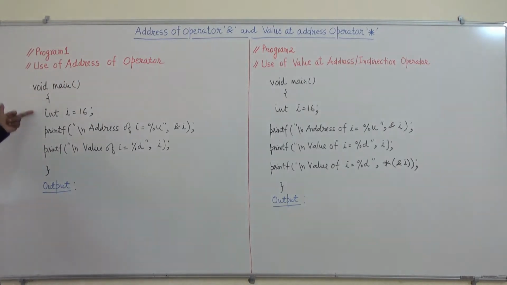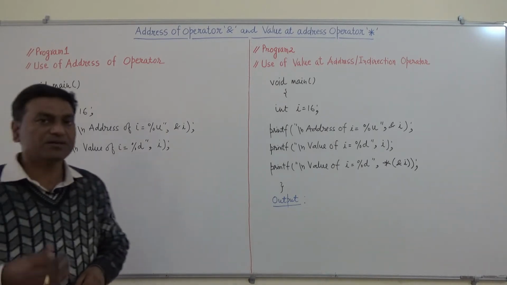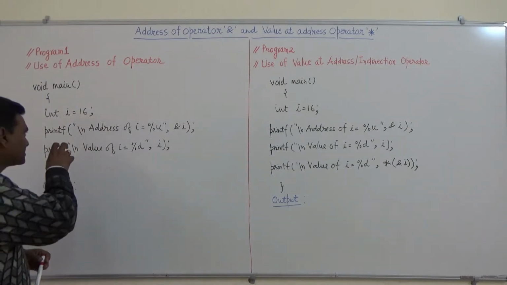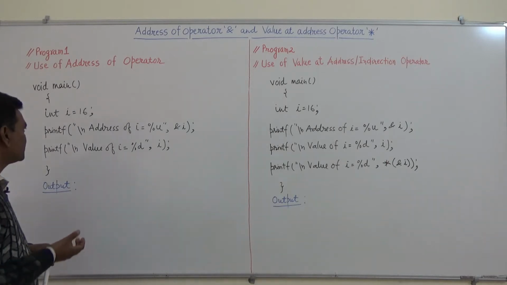In this program we have declared a variable I of integer type, and the value of I is 16. As soon as we assign some value to a variable in a program, it gets some memory in the memory space, as well as an address.